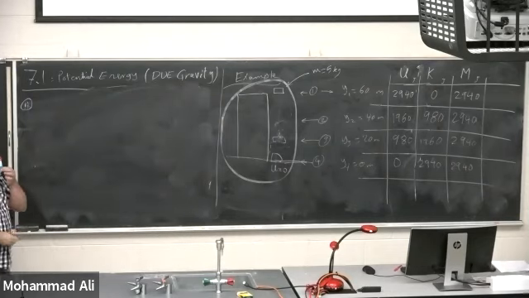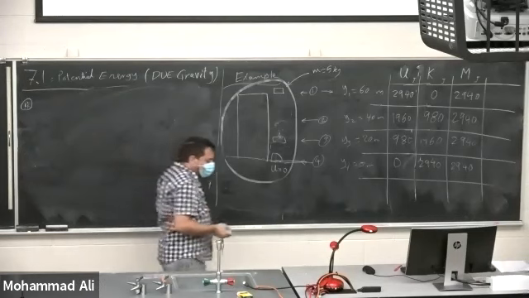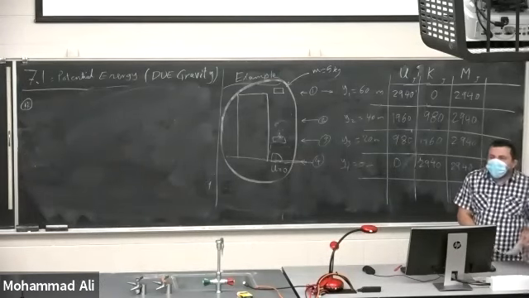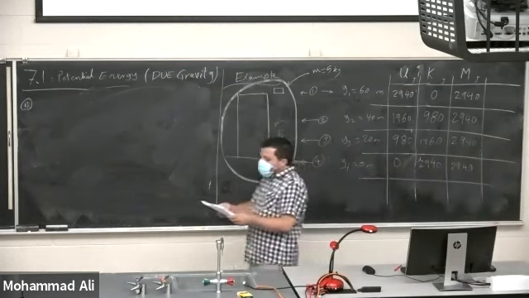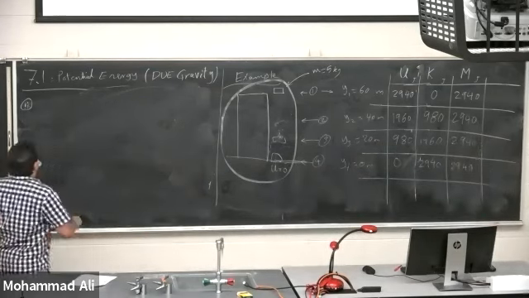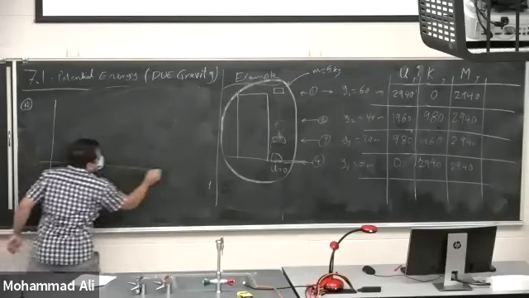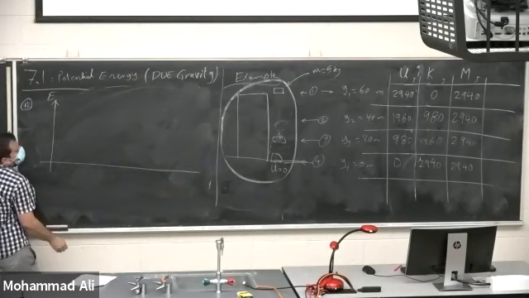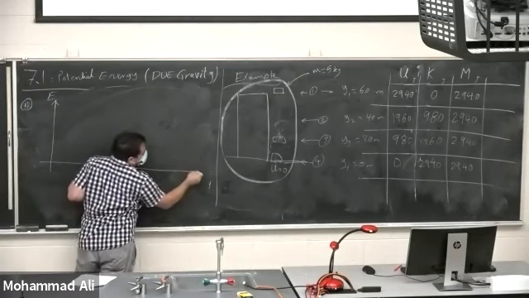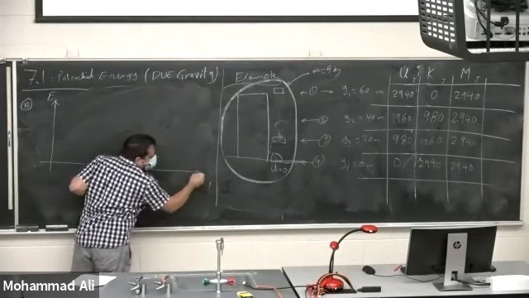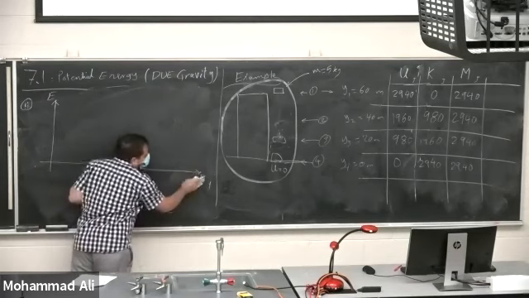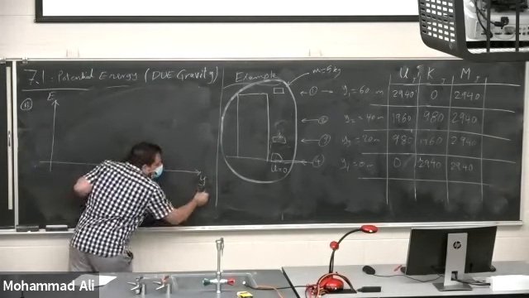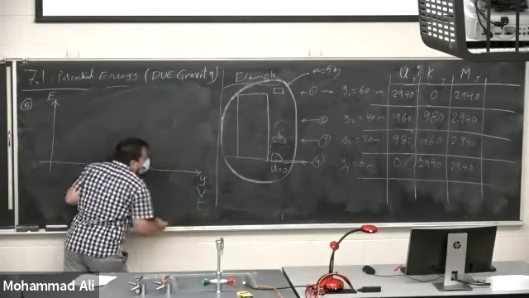Now, if we need to use the graph, because in general we have an energy graph. If we have the energy on the y-axis and the position on the x-axis, it is y in our example, or the velocity or the time.